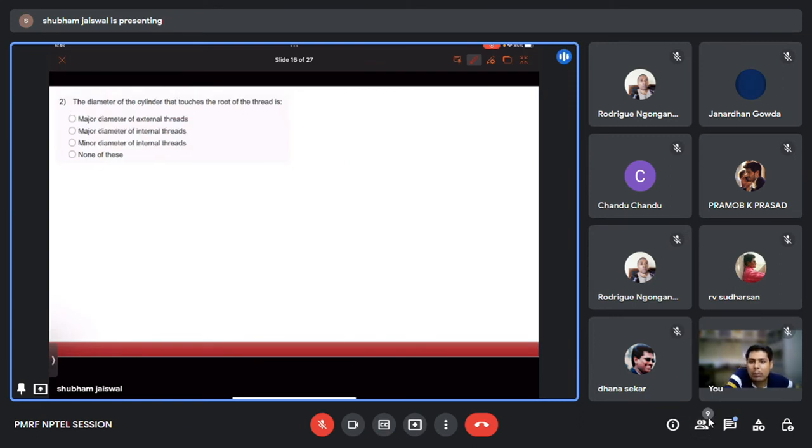The diameter of the cylinder that touches the root of the thread is called major diameter of external thread, major diameter of internal threads, minor diameter of internal threads, none of these. Okay. So for your simplification, I will draw the sketch first.